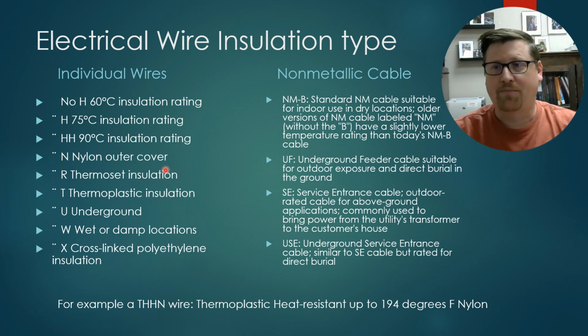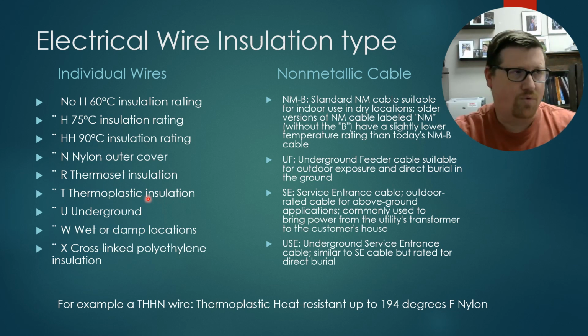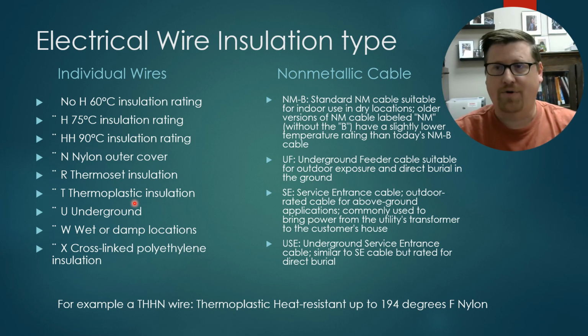R would be thermoset insulation, another type of insulation that can be on that wire. T is thermoplastic insulation. I mentioned THHN, which is one of the most popular wires on the market, along with THWN-2.